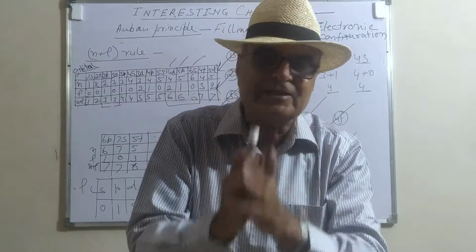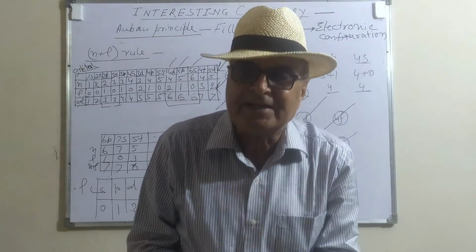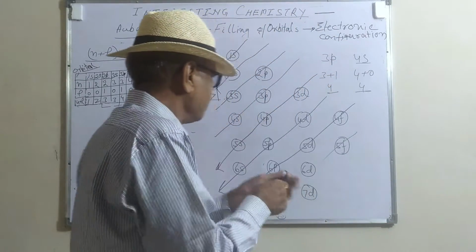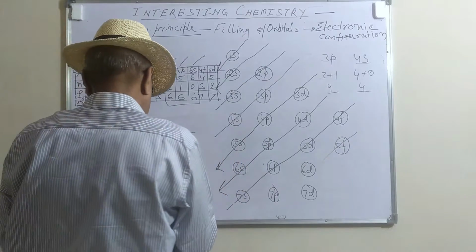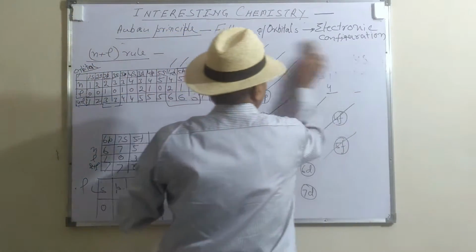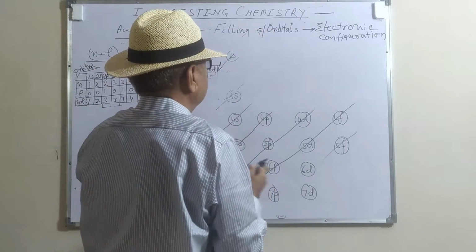So by finding the value of n plus l, you can decide the energy level of each subshell. Now I have given you a question: potassium.